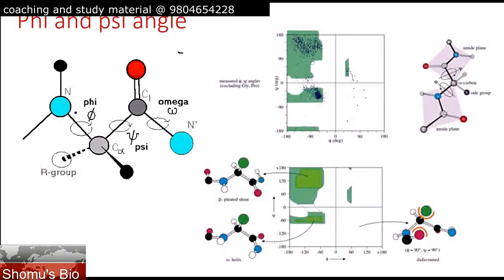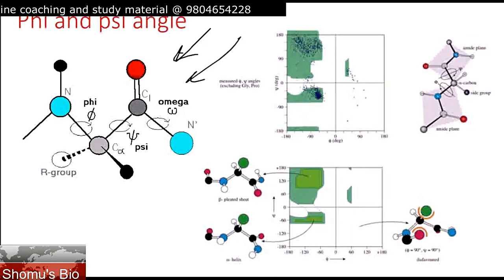Let's assume this is any three-dimensional model. Let me take the arrow. You can see here N, C alpha, C. So between N and C alpha there is this interaction, the bond.